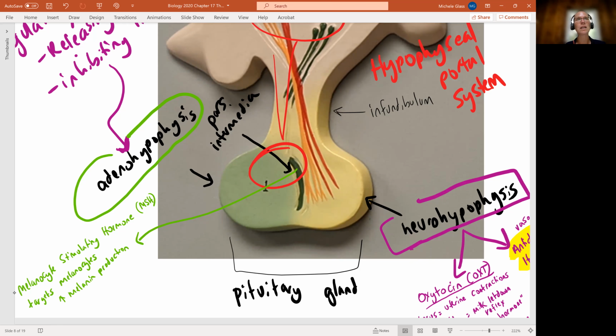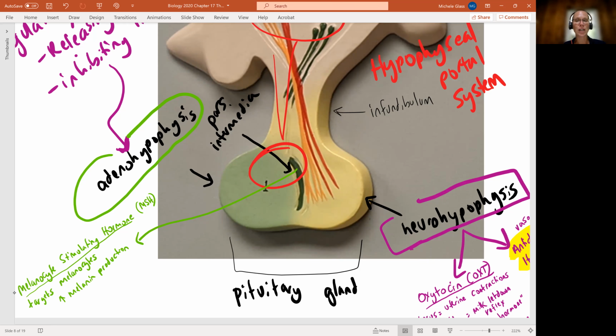Now we see that there's also a local stimulation of the melanocytes when we're exposed to UV radiation. So we see this coming from the pars intermedia. It's kind of not fully well understood, but sometimes we will see this being triggered, for instance, during pregnancy.